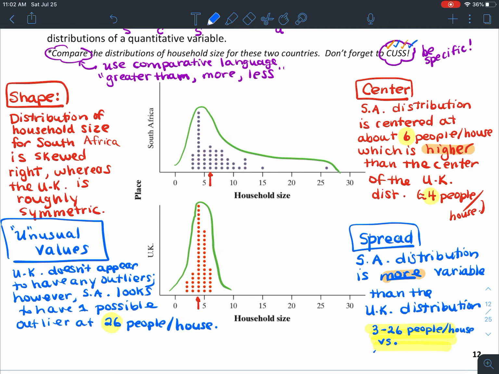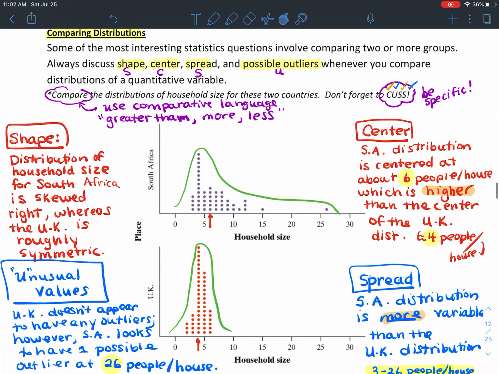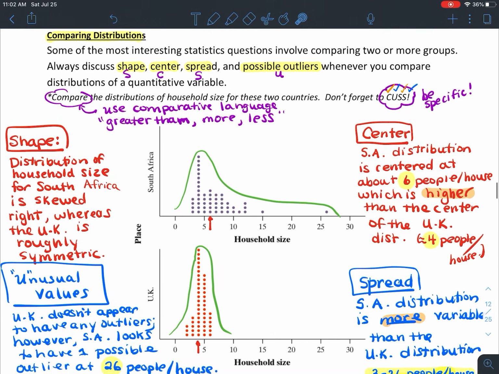Versus the UK looks like maybe it's 2 to 6. That's the spread, or what it spans, people per house. That's my evidence, okay? This is what you do when you're asked to compare two distributions, okay? All right, so let's go ahead, and I think that brings this video actually to a close, and we'll pick up on the notes with the next video.